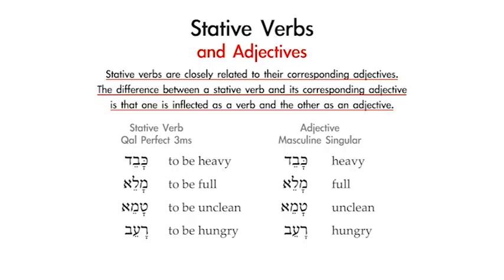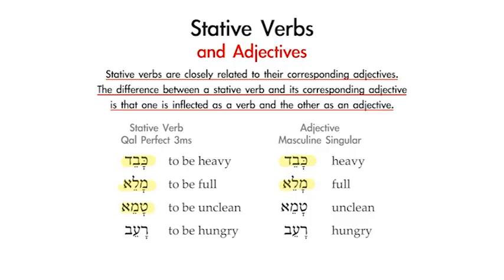So you'll see in the examples below, the stative verb Qal Perfect 3ms is identical in form to the adjective that is masculine singular. The verb kaved, to be heavy, and the adjective kaved, simply heavy. The stative verb male, to be full, and then the adjective full. You'll see both an identity in form and a close relationship in meaning.